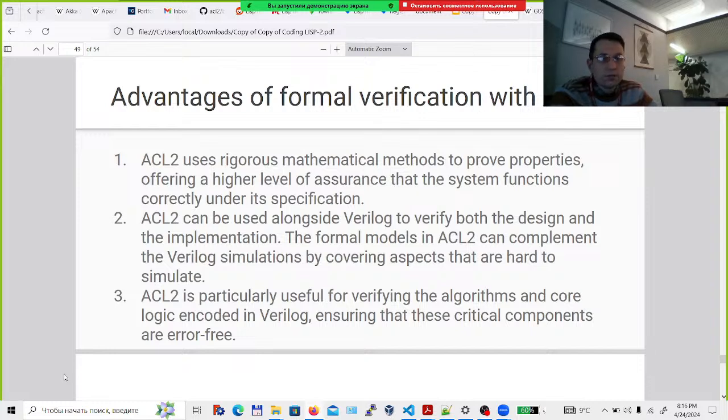ACL2 can be used alongside Verilog to verify both the design and the implementation. The formal methods in ACL2 can complement the Verilog simulation by covering aspects that are hard to simulate. ACL2 is particularly useful for verifying the algorithms and core logic encoded in Verilog, ensuring that these critical components are error-free. So, for example, using some kind of induction, you can formally state that it goes well for every possible situation.